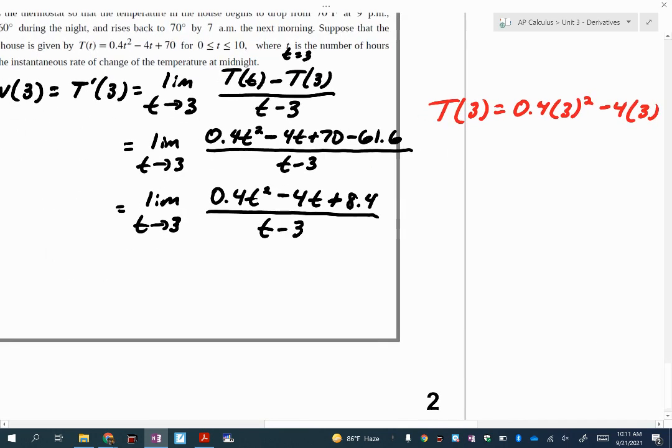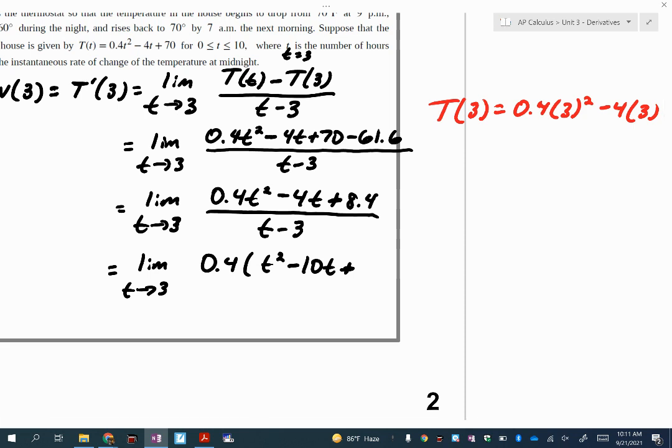If you factor out 0.4, you actually get t squared, and then minus 10t, right? 10 times 0.4 is going to be 4, and then plus, I think it's 21.